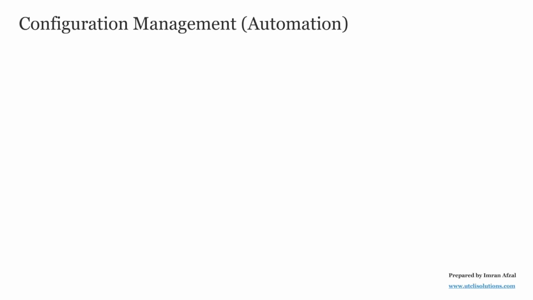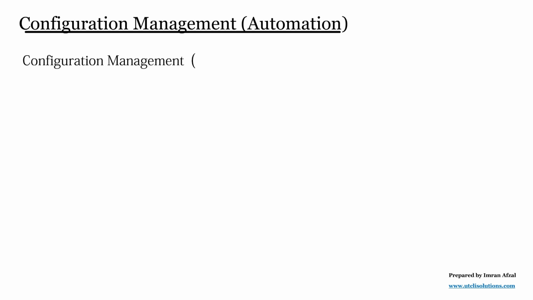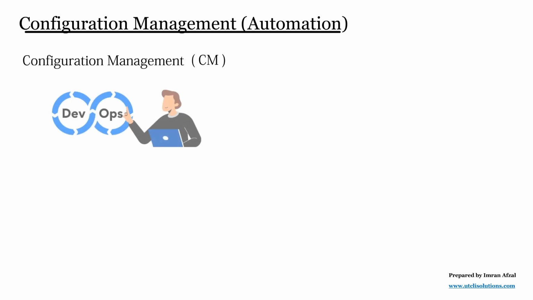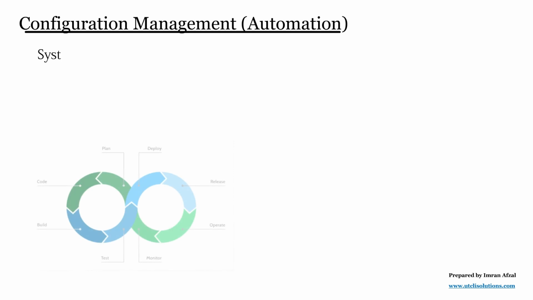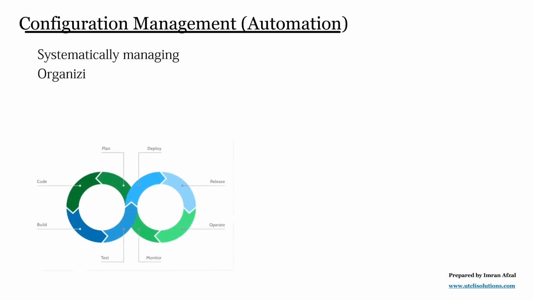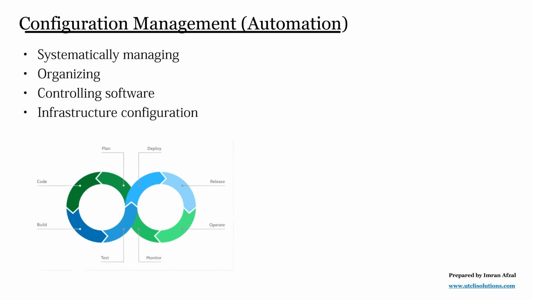In this series of DevOps practices, another crucial practice of DevOps is configuration management. Configuration management, or in short, CM, in DevOps is the process of systematically managing, organizing, and controlling software and infrastructure configuration.